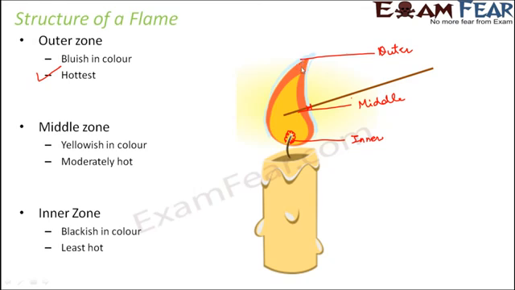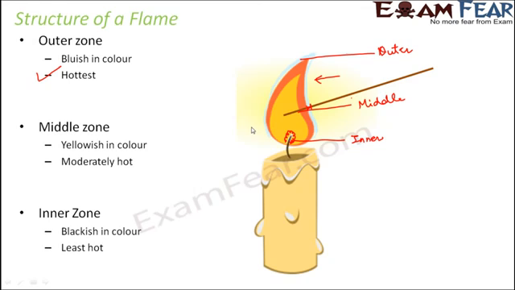That is why when you slowly bring your finger near the flame of the candle, you feel hot, because as you approach the outer zone, you tend to feel more hot. But you would have seen a very common trick where people pass their finger through the inner zone of the candle flame very quickly, and everybody else gets amazed seeing that.